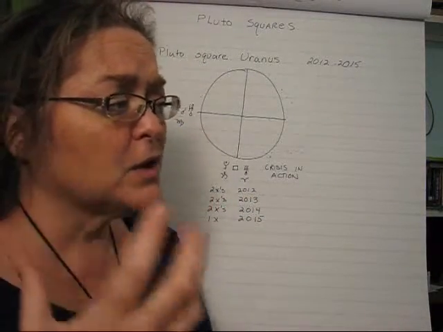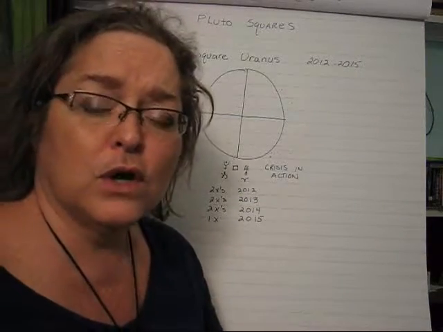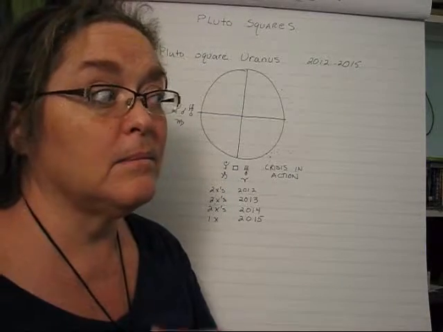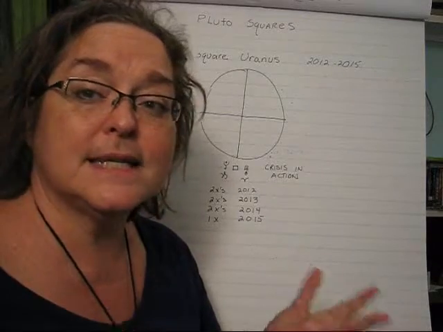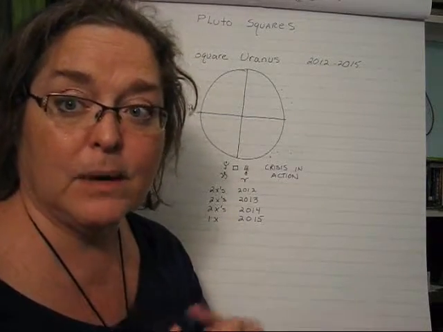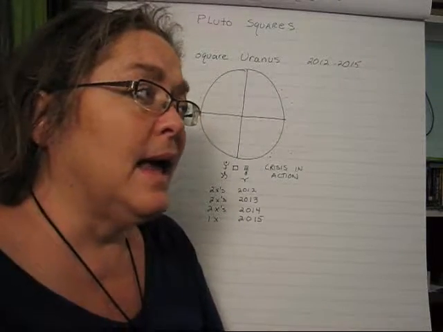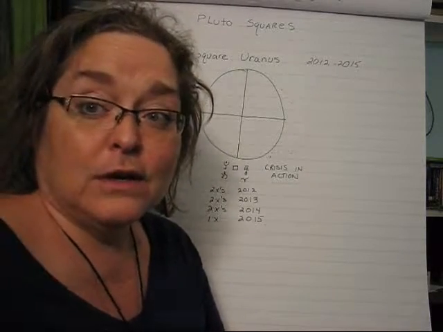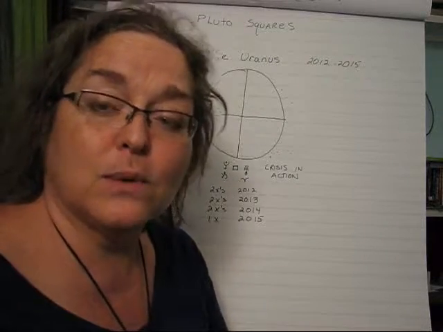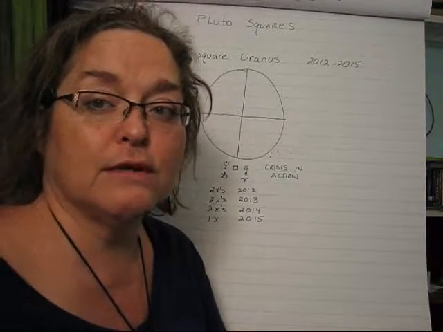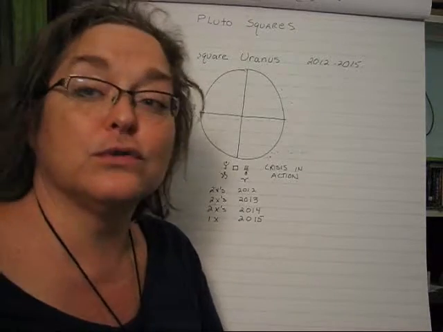And so there was this transformational energy, and then it sort of went underground for quite a while. And some people may have thought that a lot of those ideas that came up at that time were dead. But what in fact was happening is that they were growing a root system. And so 50 years later, in 2012, we have the beginning of this Pluto-Uranus square. And this is what has really driven the evolutionary and cultural bus.